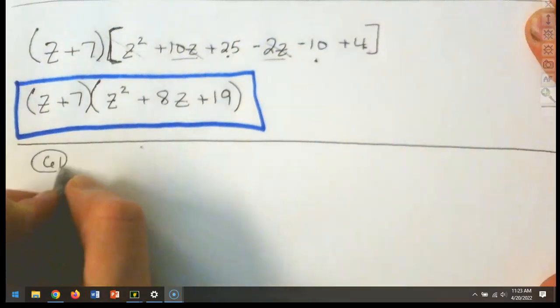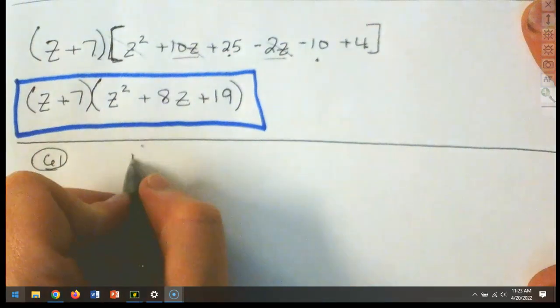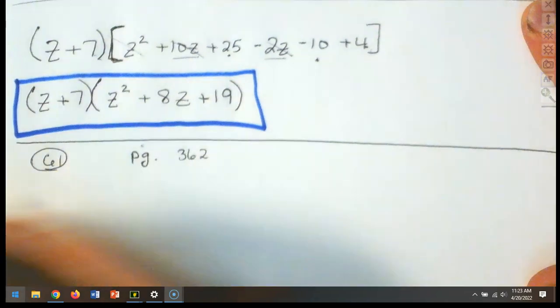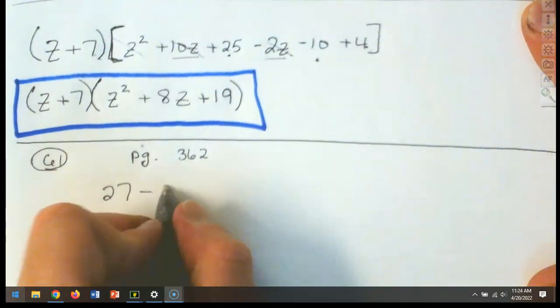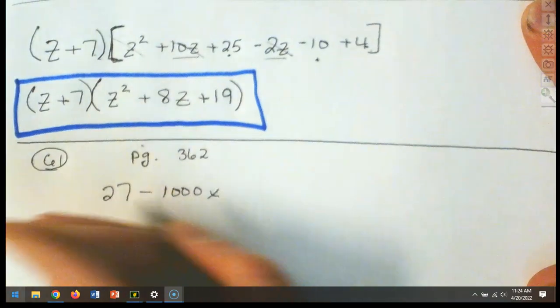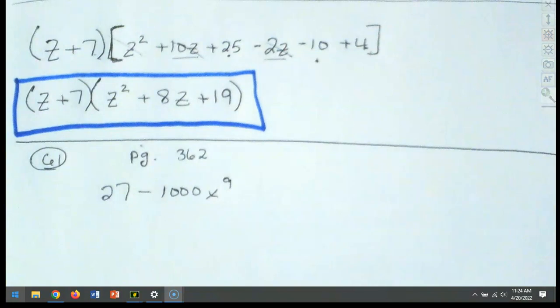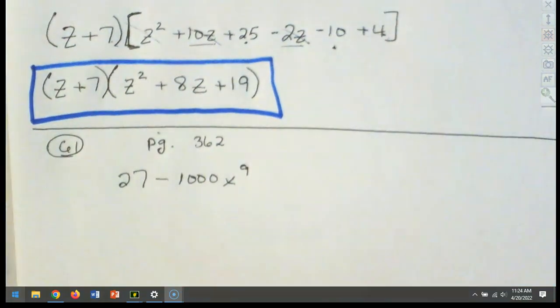So we're going to look at question 61, and this is on page 362. And we've got 27 minus 1,000 x to the 9. So this is what we're working with here.